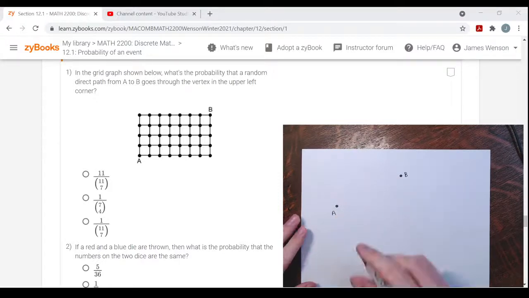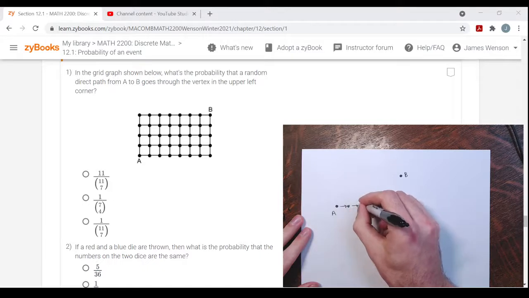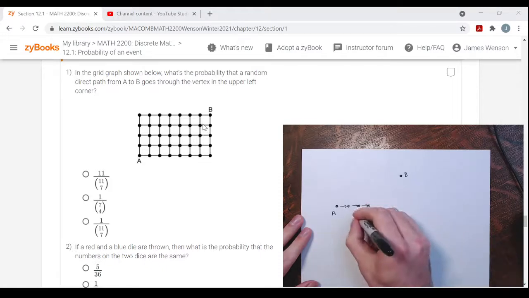Do you see how across there are 1, 2, 3, let me count it with the mouse here. I'd have to go to the right 1, 2, 3, 4, 5, 6, 7. 7 rights. 7 R's. I'll call R right.